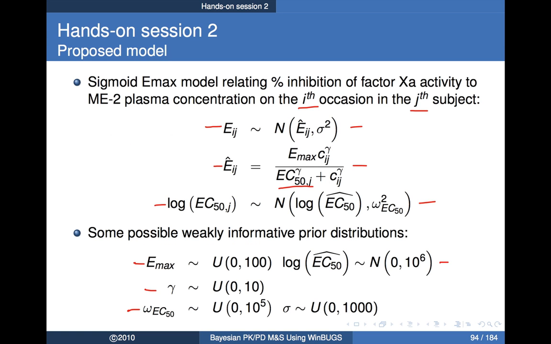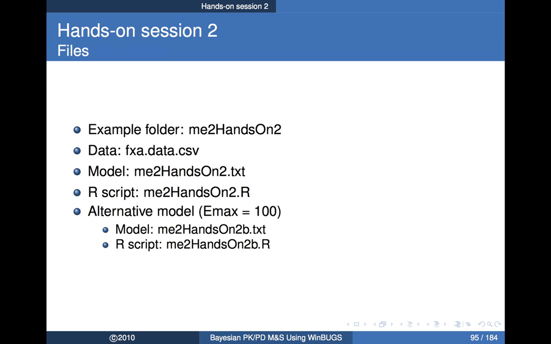So that's going to be your task. The resources for that: there's a folder called ME2 Hands-On 2. There's a data set, fxadata.csv.